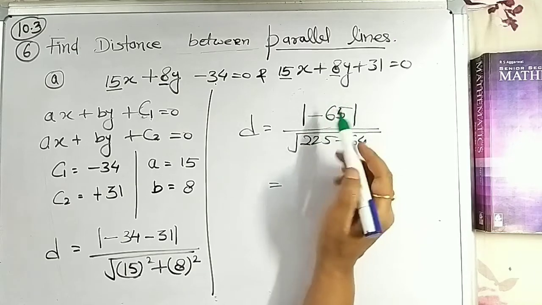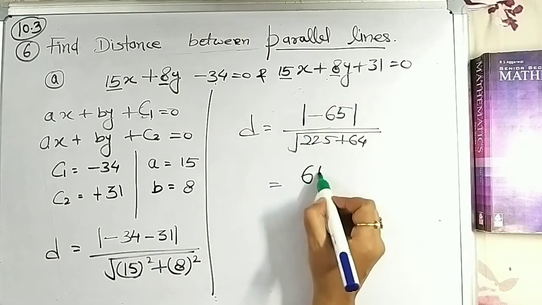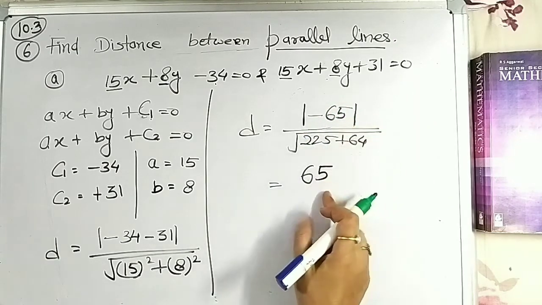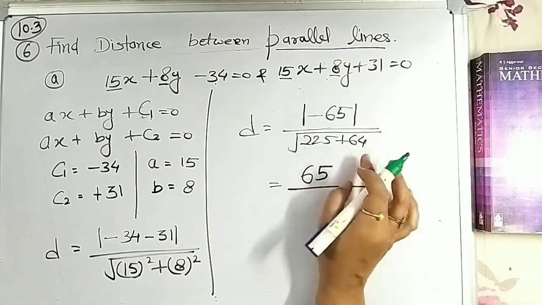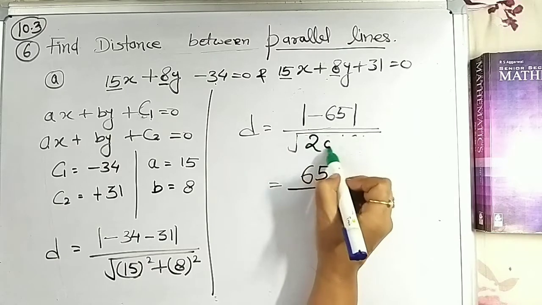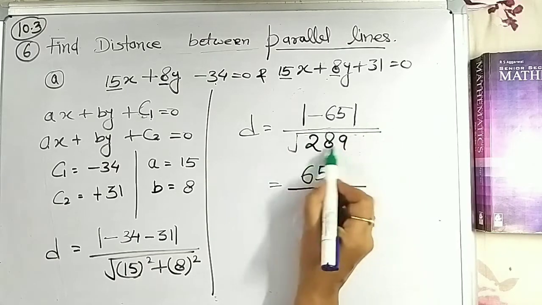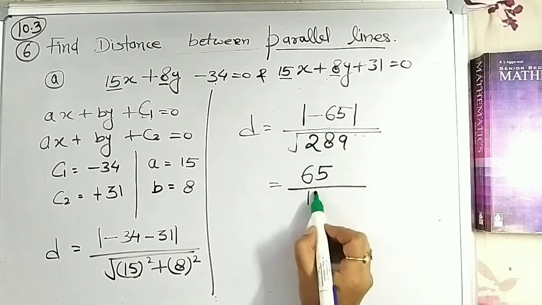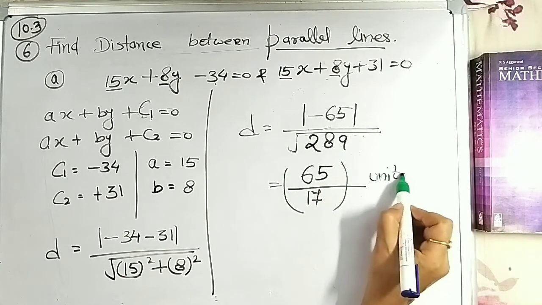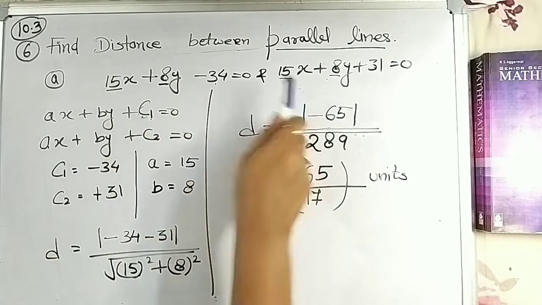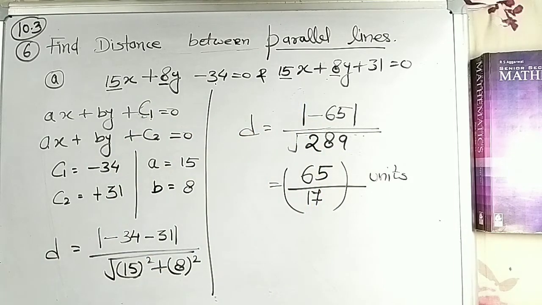If it is negative, then first make it positive and take it out. So I made it positive, it came out. This plus this is nothing but 289, and root of 289, I think you should know by now, is 17. So this is my distance between these two lines on the coordinate axis.